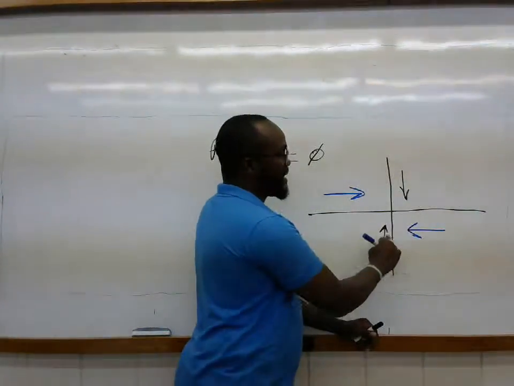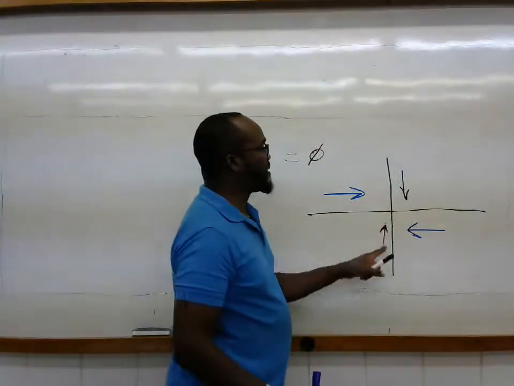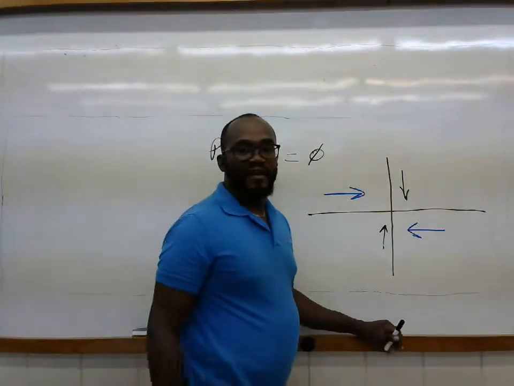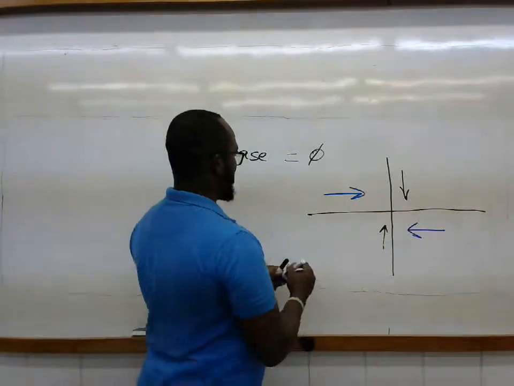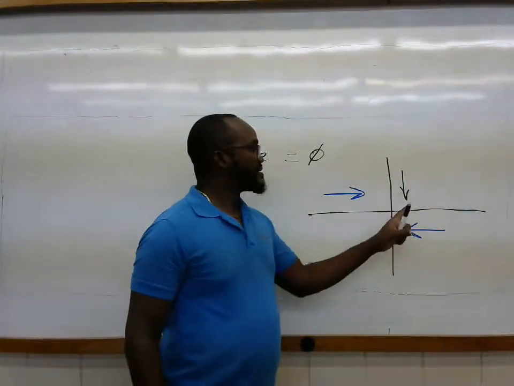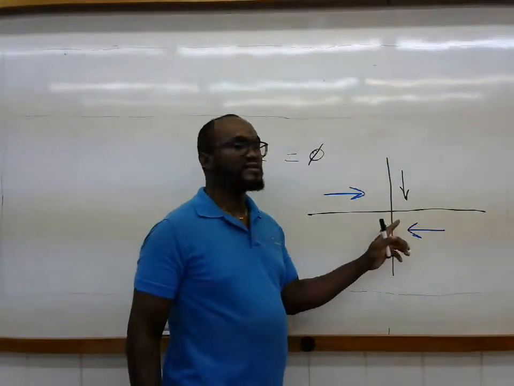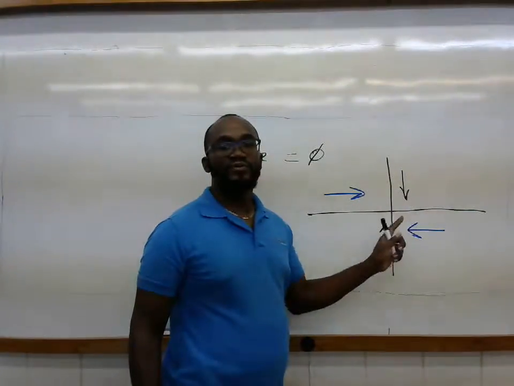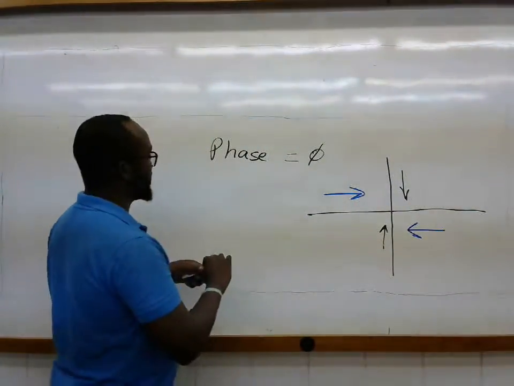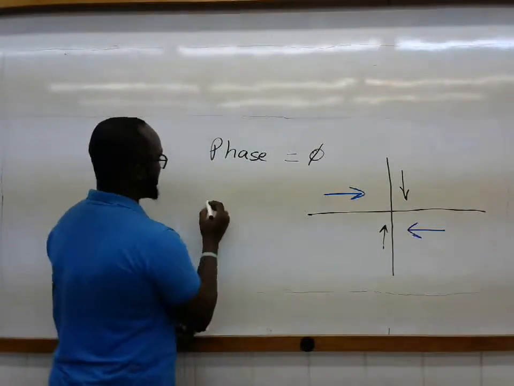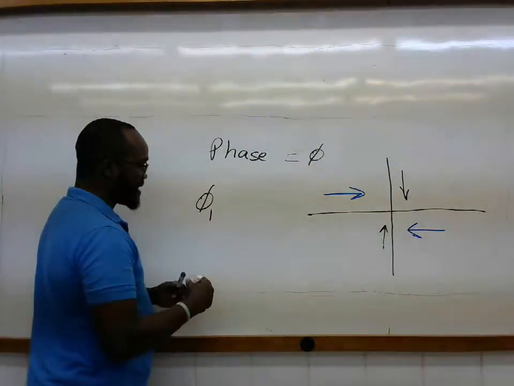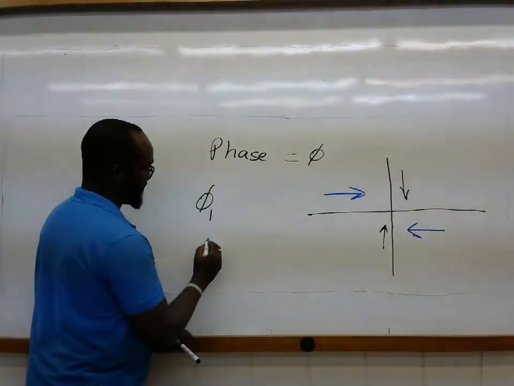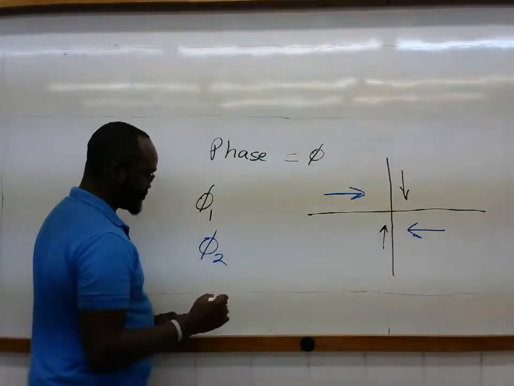And these are the only concurrent movements allowed by the traffic signal system. So therefore, we would say that this is a two-phase intersection because there are principally two phases. So phi, we have phase 1 and we have phase 2.